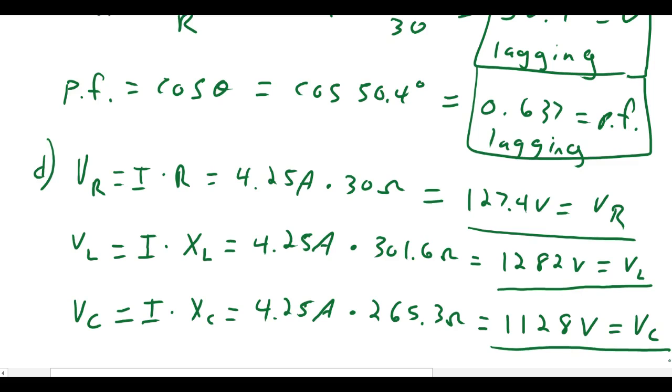But here, with these circuits, remember, vector addition applies to the summation of the voltages, and VC and VL are 180 degrees out of phase, so they kind of cancel each other out.